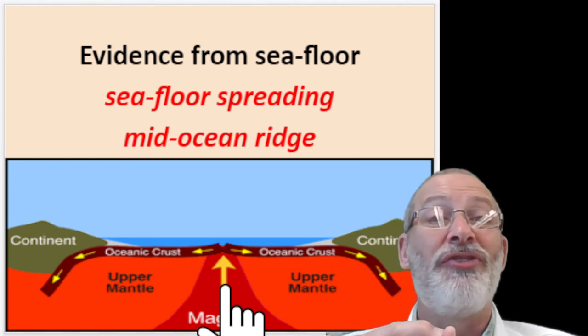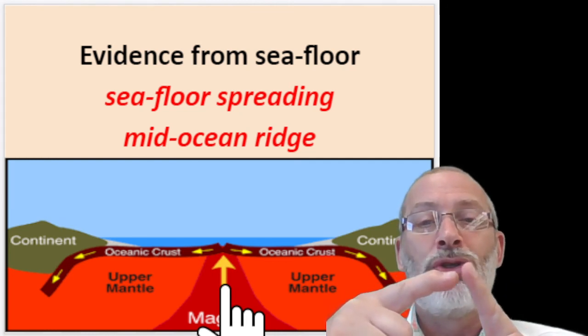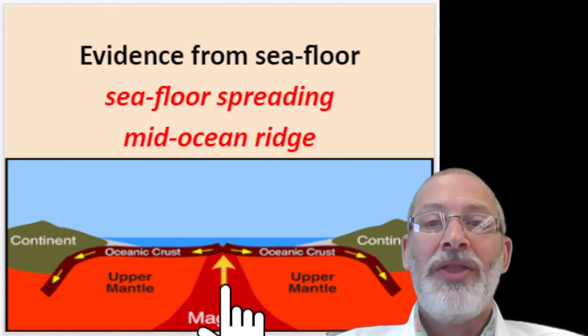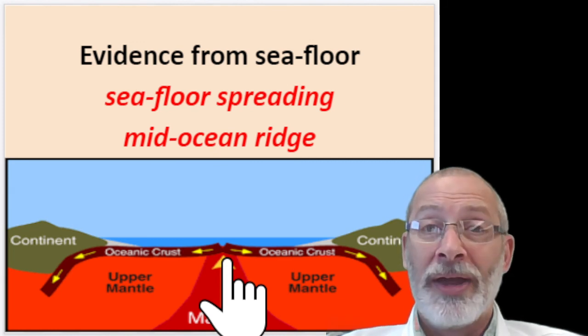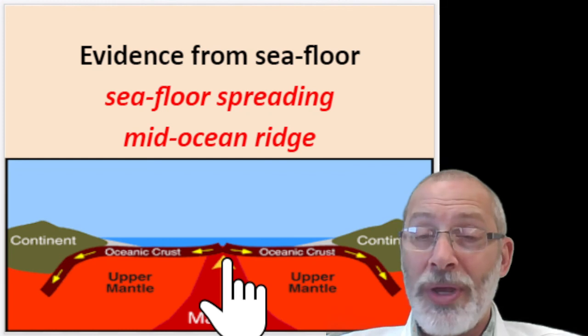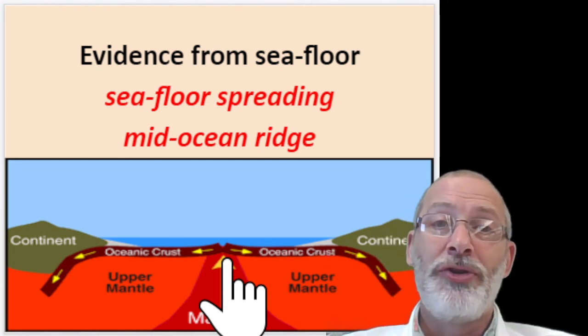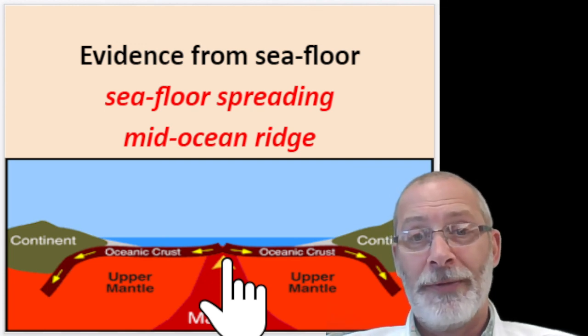If you never cut your fingernails throughout the whole year, your fingernail would probably grow about 2 centimeters. That's about how fast the mid ocean ridge is spreading and growing further apart. Given enough time, we have been able to measure how much further the continents are drifting apart from one another.